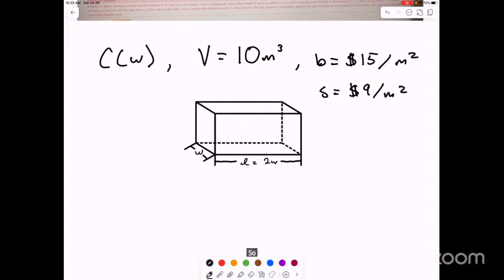So the base, we want to find the base in terms of W. Length times width.